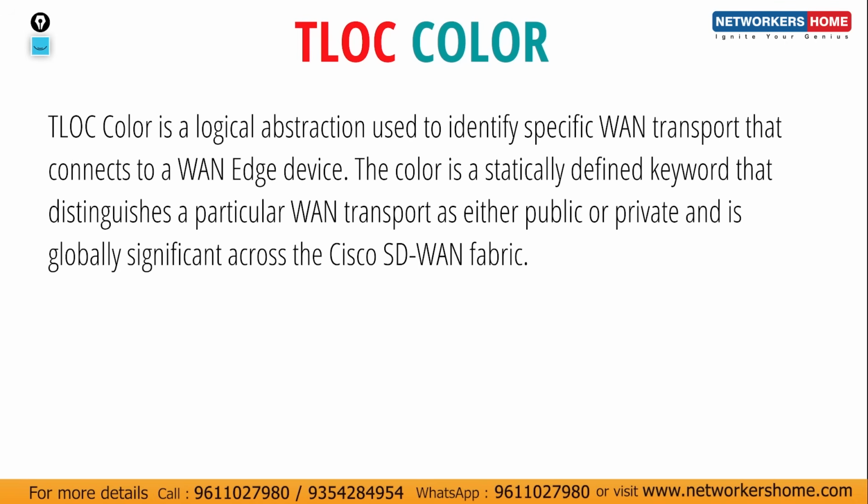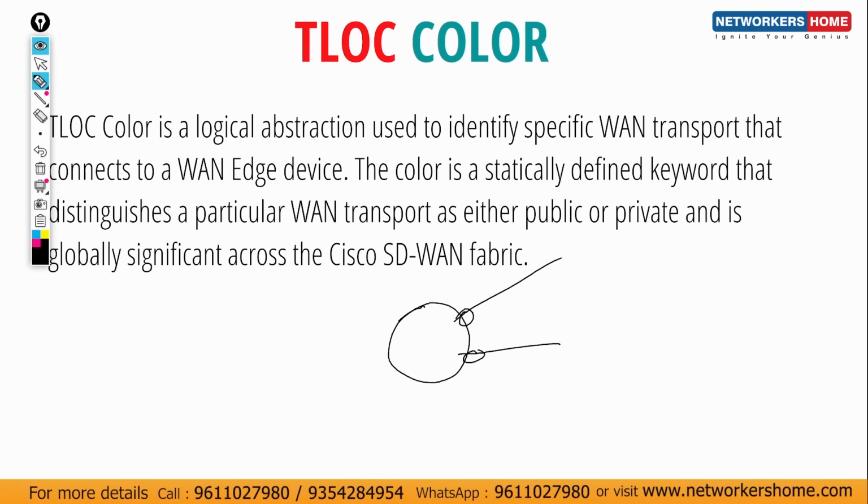Okay, so what is TLOC color? TLOC color is basically just a logical naming convention to identify a WAN interface from another interface, as we discussed last time. If you have a device, let's say this VH has 2 links, so we require some kind of identification which can later be used for multiple purposes, which you are going to see very soon.